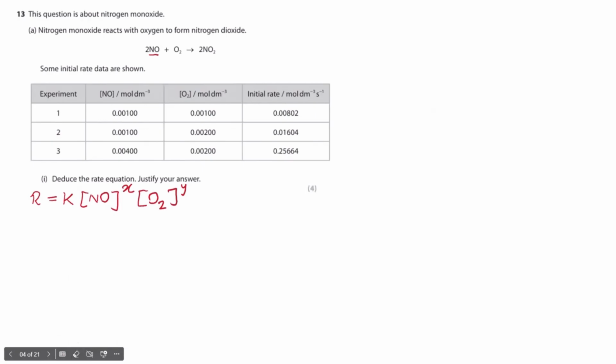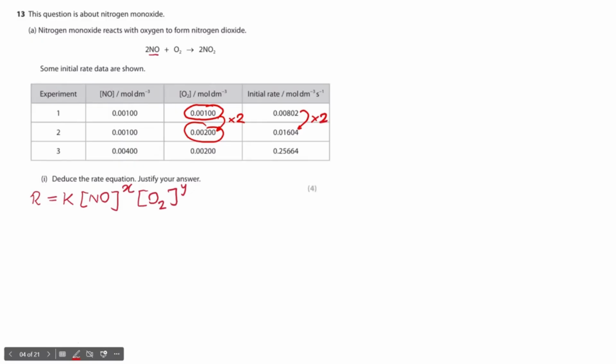It starts from 0.001 and turns into 0.002. Can you see the concentration of oxygen doubled? When the concentration of oxygen doubled, what has happened to the rate? 0.00802 became 0.01604. If you divide it, you can see it's also doubled. Concentration doubles, rate doubles. What was the order?